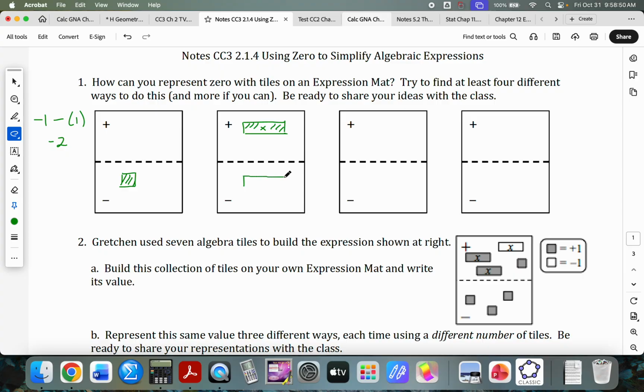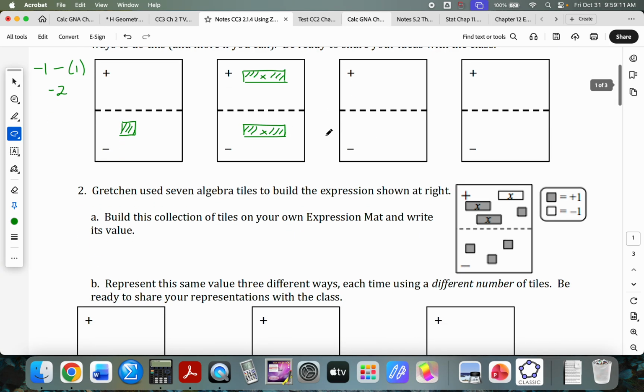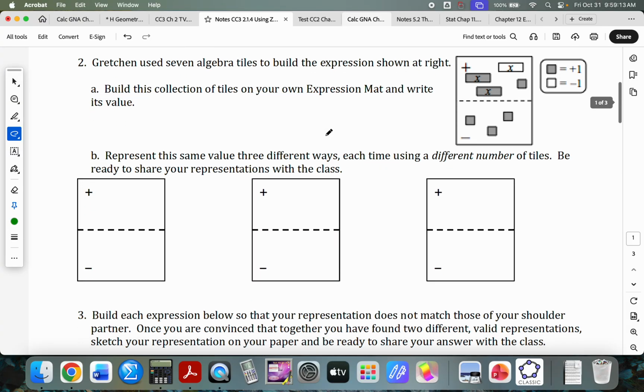Another positive X tile. And that would make 0 also, because I've got X minus X. So that's 0. There's probably an infinite number of ways to do this. All right, let's move on to problem number 2.